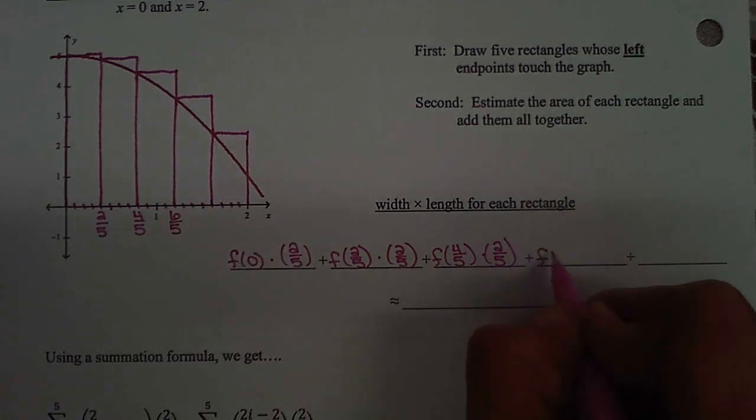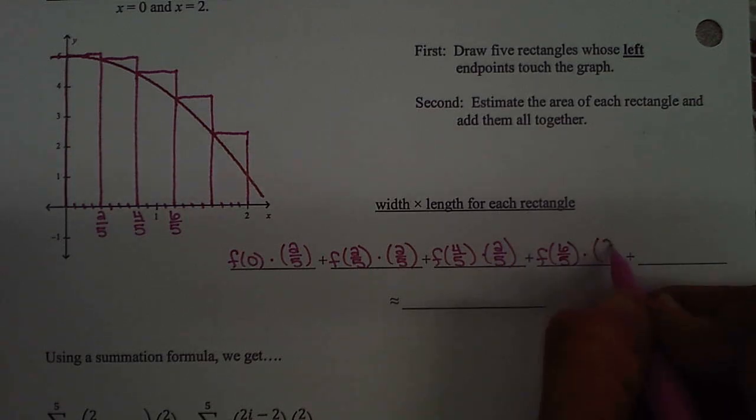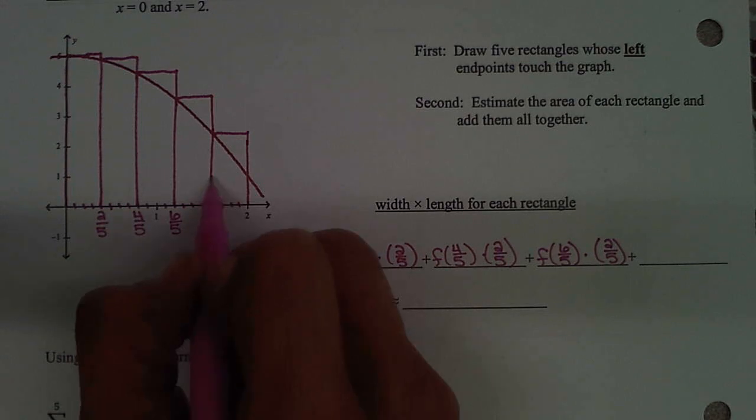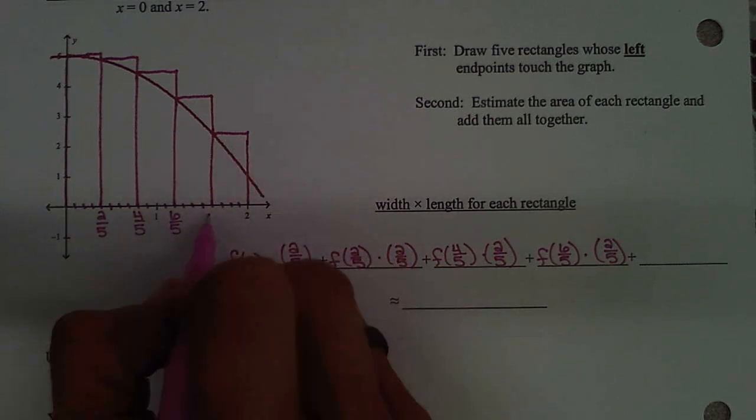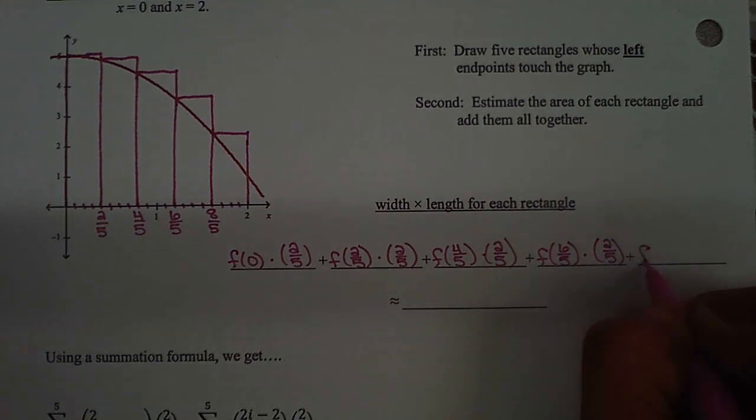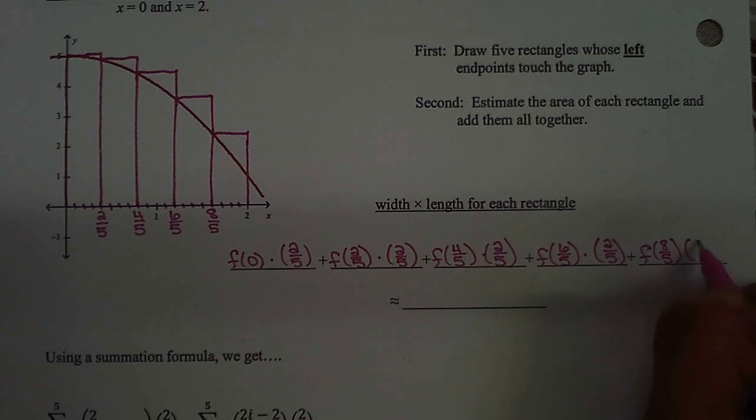So f of 6/5 times width, which again is 2/5. And then the last one here, the height of this fifth rectangle is when we plugged in 8/5. So f of 8/5 times the width of 2/5.